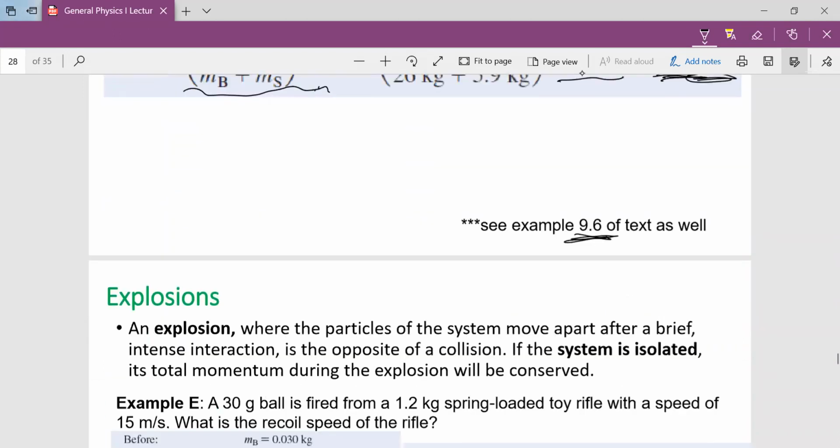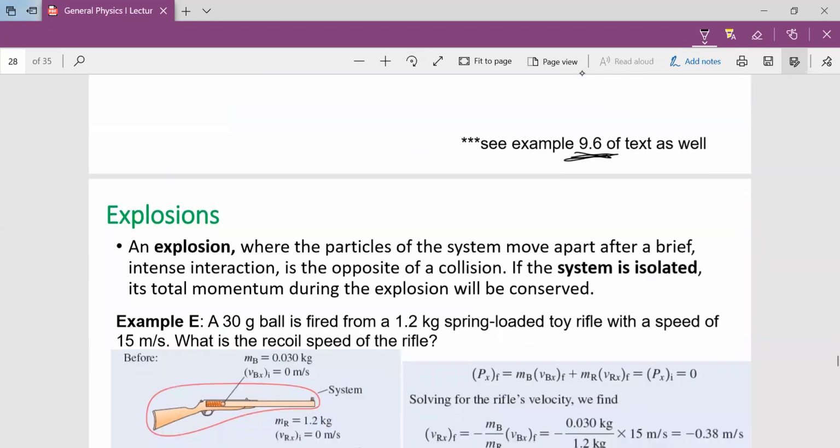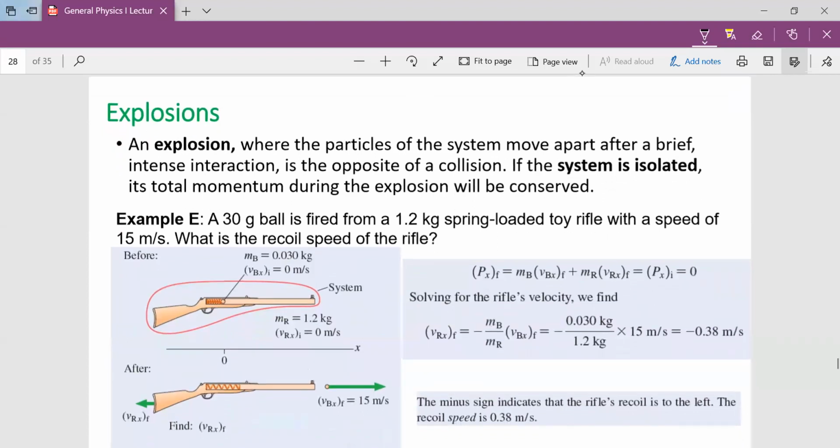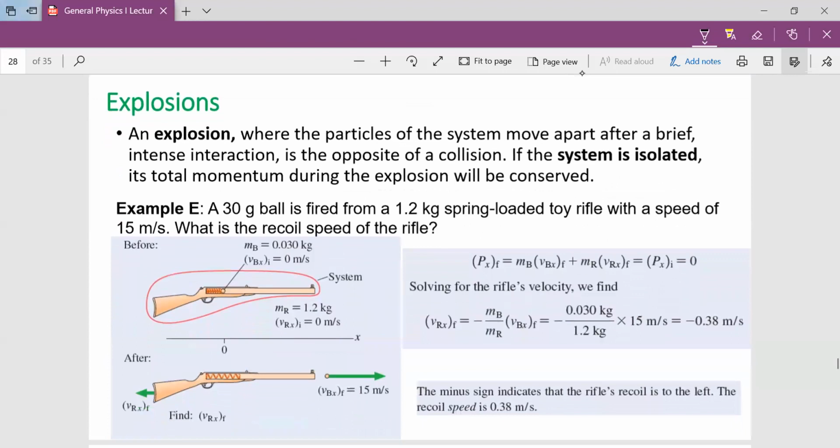All right. So we'll move quickly to the final discussion of the day, which is explosion. We also saw this part in the experiment, that is the very last part of the experiment. Explosion usually comes from expansion of a spring or sudden expansion of gases to bring about an interaction or impulsive force that can either be within an isolated system or outside of an isolated system.